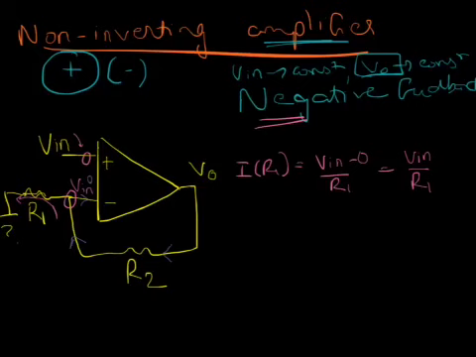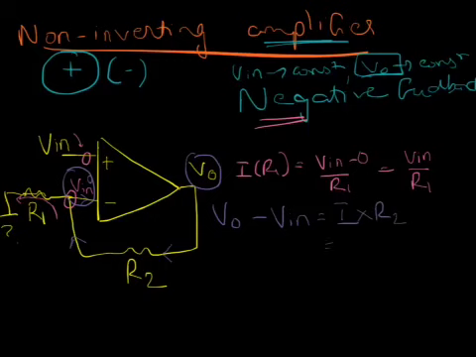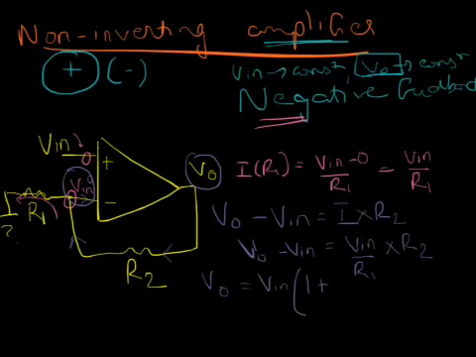So now what we know is that the voltage across R2 is Vo minus Vin, and that is basically the current into R2, that is Vin upon R1 into R2, that is Vo minus Vin. We'll rearrange the terms. We get Vo equal to Vin times 1 plus R2 upon R1. And that is the transfer function of a non-inverting amplifier.